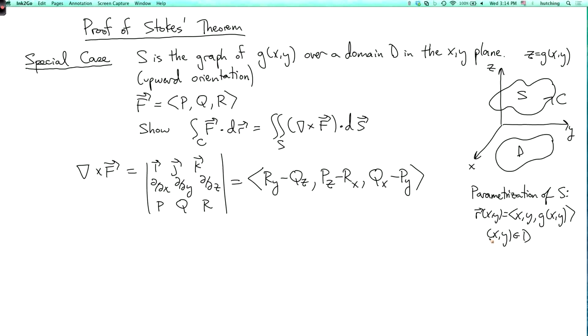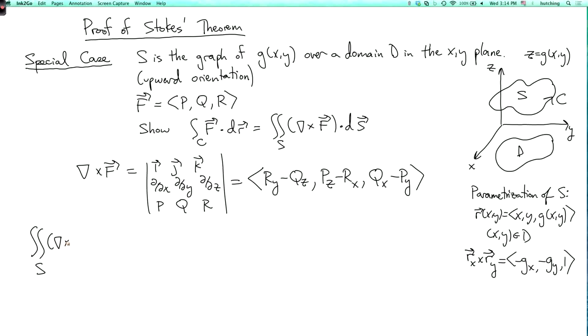And rx cross ry, which comes up in the surface integral, we've seen that that's minus gx, comma minus gy, comma 1.